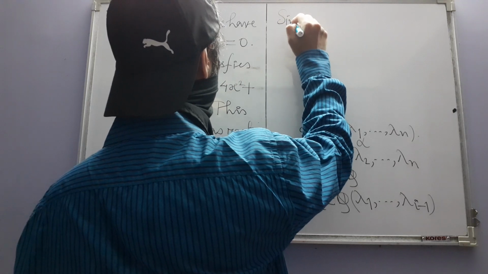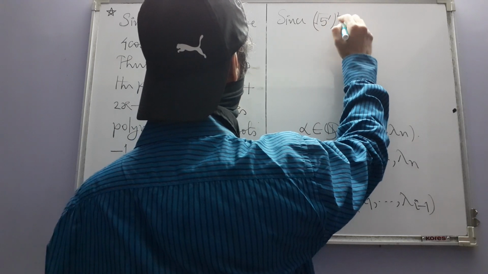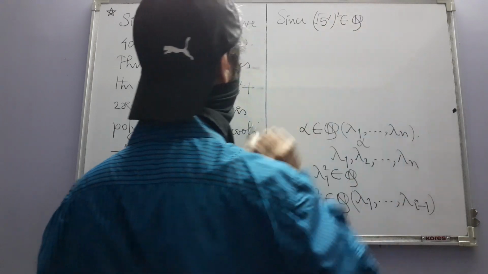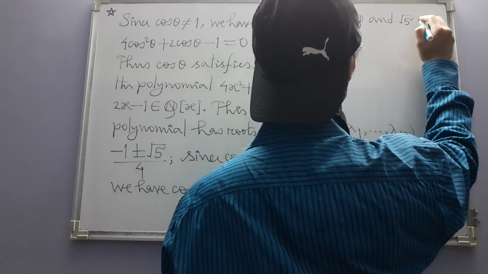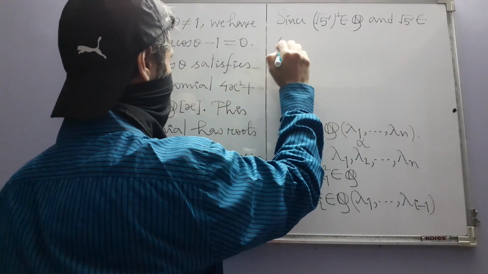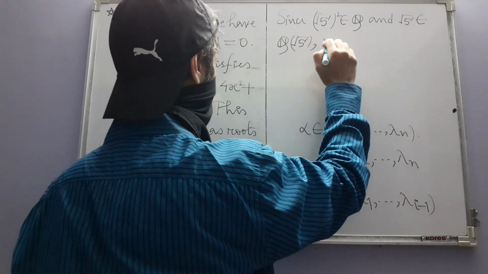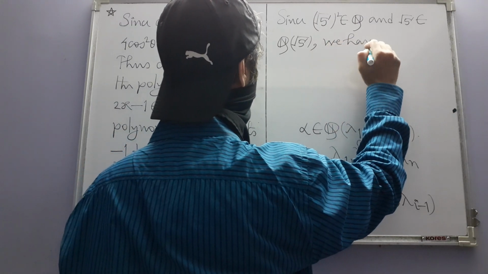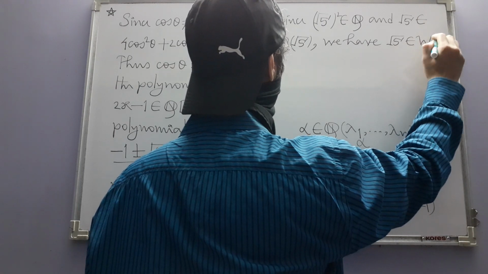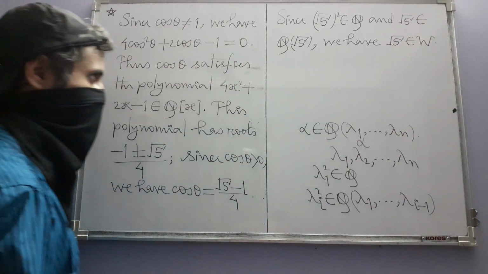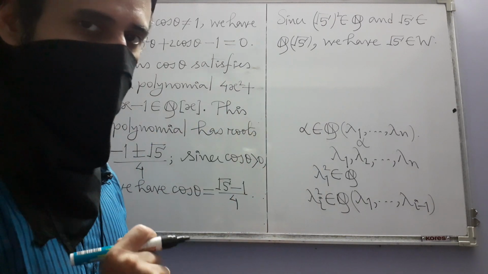So let's write like this: since this and square root of 5 itself belongs to this, we have root 5 belonging to the field of constructible numbers, or if you want you can write in words also, and that is why root 5 is constructible.